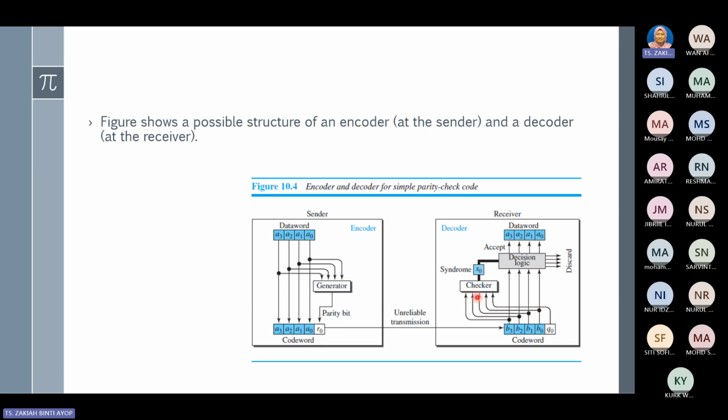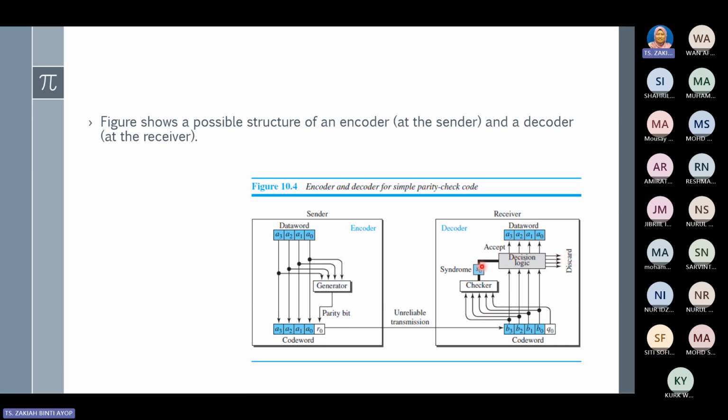When they check it, if it's even, the syndrome will produce 0. But if the syndrome is not 0, it means there's a bit that is affected. It's odd, so the decision logic is that it will discard it.